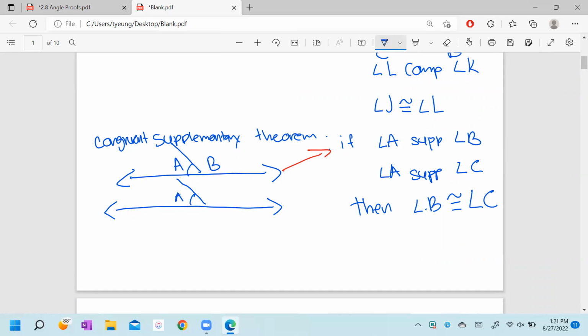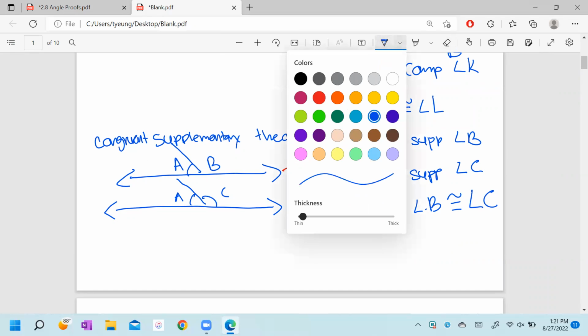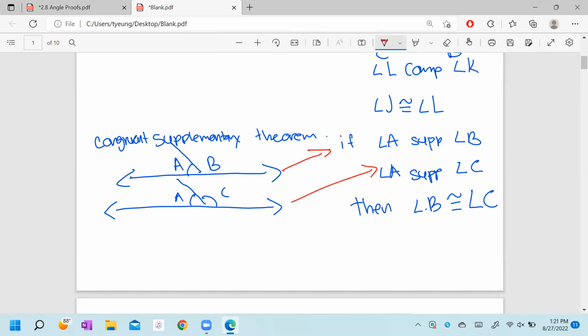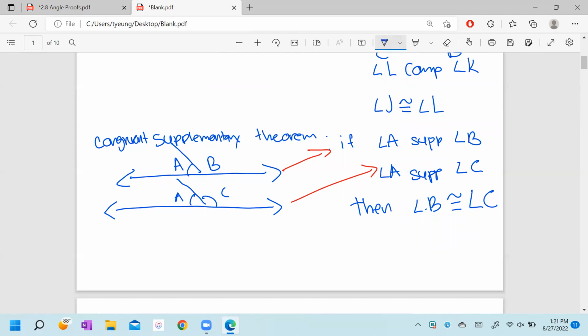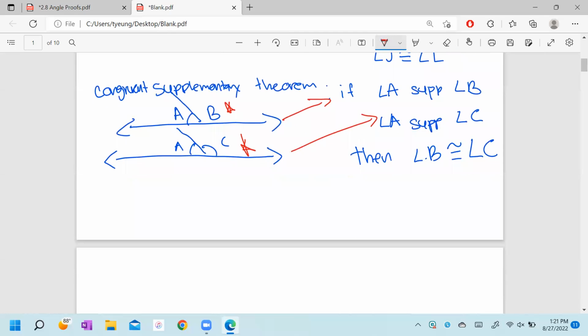Angle A over here and angle A over here should be the same because they're both A. This is angle C. Because we know that angle A over here and angle A over here are the same, that means that angle B and angle C should be congruent to each other, or equal. So that's what this supplementary theorem is saying. Yeah, angle B and angle C are the same.